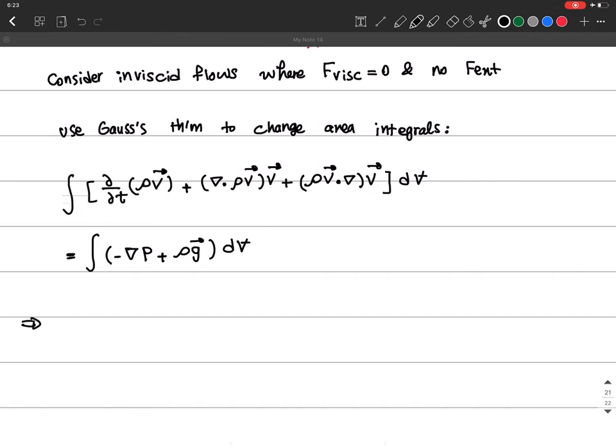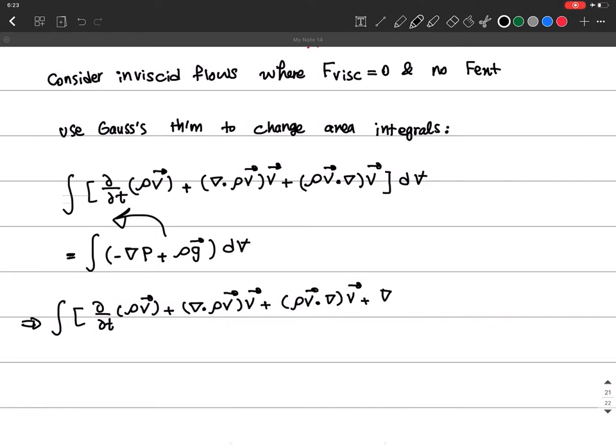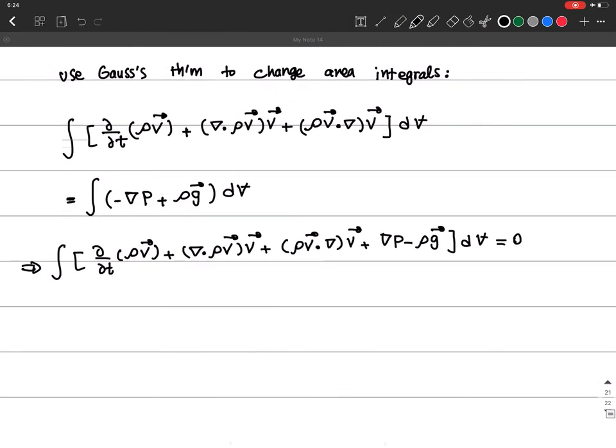If we rearrange the terms, we get the integral over the whole control volume of partial over partial t of rho v, plus grad dot rho v times v, plus rho v dot grad v, plus, taking these to the left hand side, grad p minus rho g, dV equals 0.